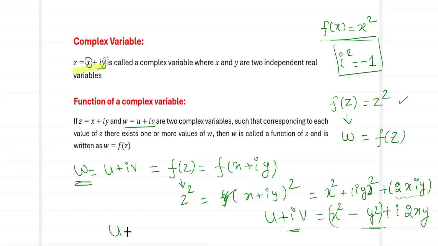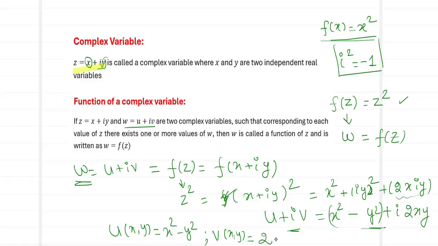I can write u, which is a function of x comma y, is nothing but x square minus y square, and v, again a function of x comma y, is nothing but, whatever is present along with i, that is going to be my imaginary part. Ignore the i, don't take it along with i.